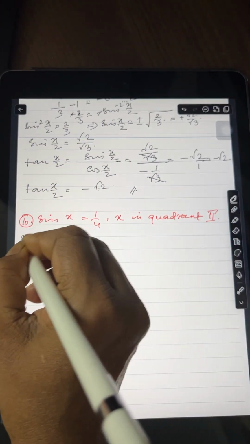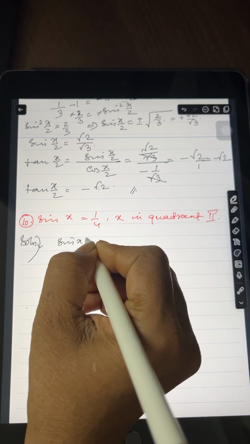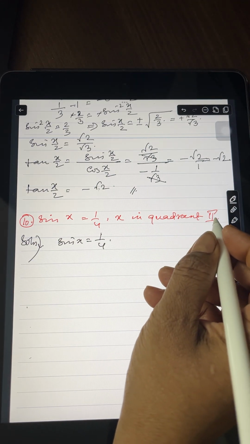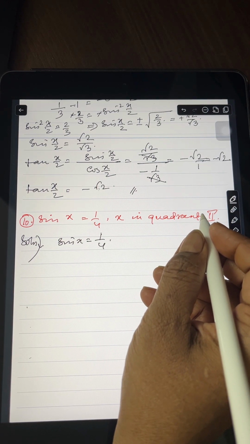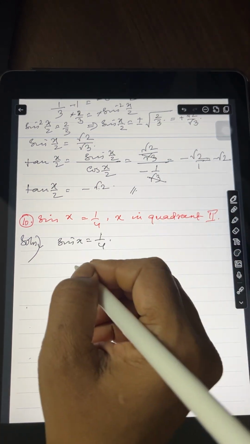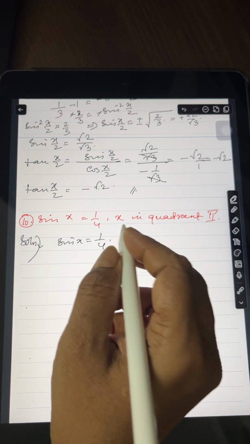Now take this. Sin x is equal to 1 by 4. X is in which quadrant? X is in second quadrant. Now you see, I'll explain to you how to find out the quadrant of x by 2.